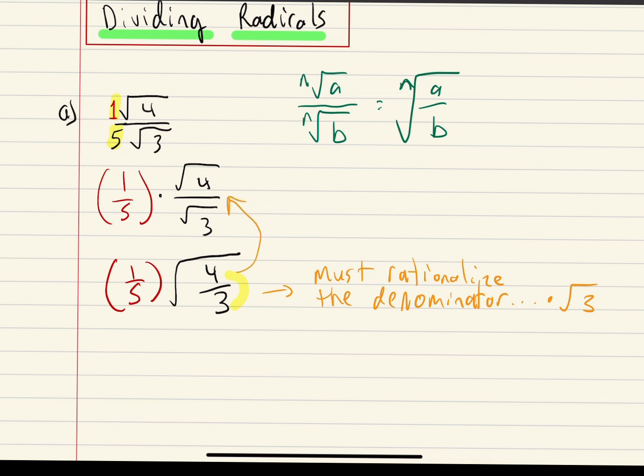The reason why we use this form at the beginning is because often if we can simplify it, and it's not a fraction, then you don't have to rationalize it. But if it remains a fraction, then you do have to rationalize it. So I'm going to rewrite it as this, 1 over 5, and then multiplied by root 4 over root 3.